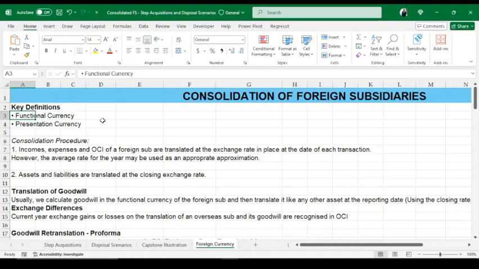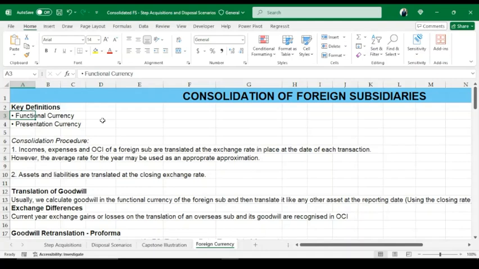So the currency in which you undertake your sales and purchases, your transactions, that is what we call the functional currency. In most cases, this is your local currency. So if you are situated in the US, the US dollar is your functional currency because that is the local currency and it is the currency of the primary economic environment in which you are operating.